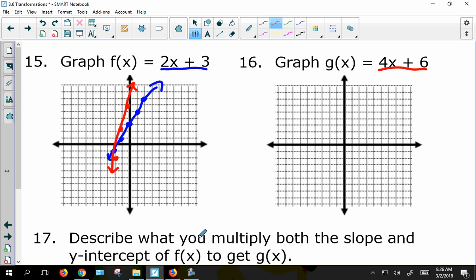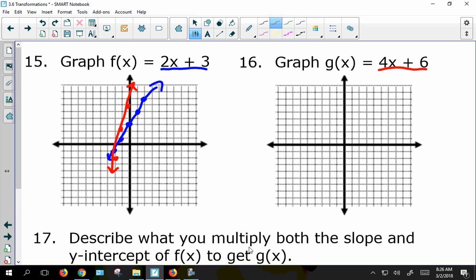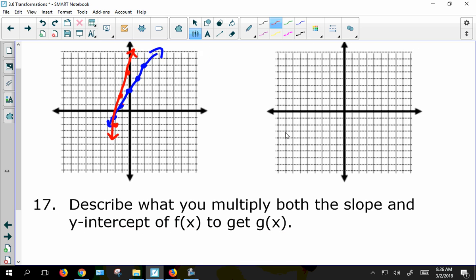Now, describe what you multiply both the slope and the y-intercept of f of x by to get g of x. What am I going to multiply f of x by so that it equals g of x?